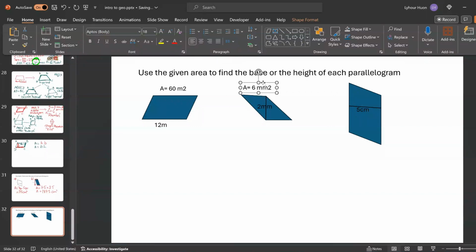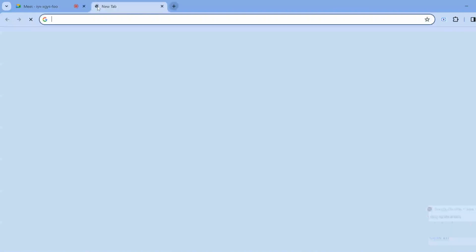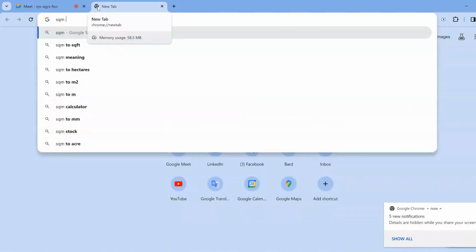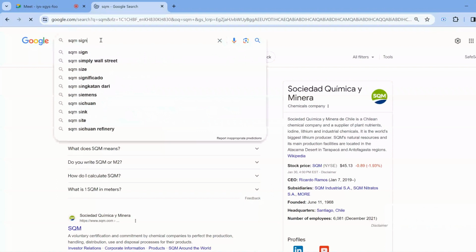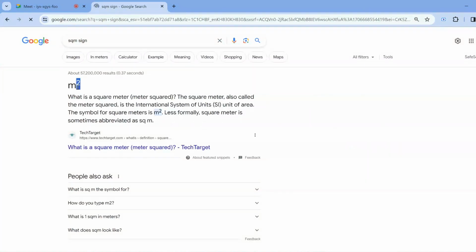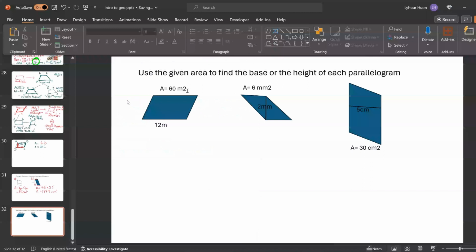And last one, this area is 30 centimeters square. Okay, so choose the blue. I bring the square meter square.